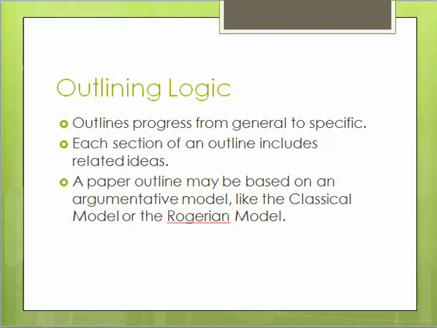For instance, the example we had this week, the sample section of sensory-based treatments, I can see that working in a couple of different ways. I can see in a particular paper that section functioning as a background section in a classical model paper, or I can see that paper functioning as the claims and evidence section of that paper, depending on that paper's particular focus. So that's how those things might work together.